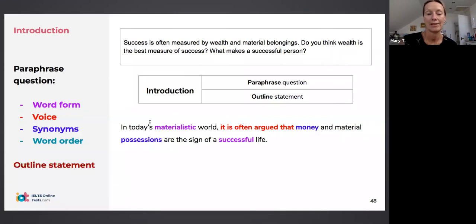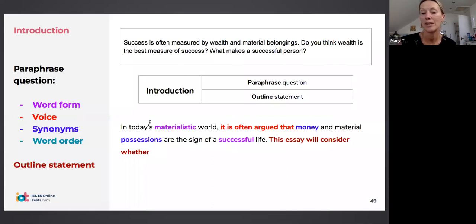Okay, and then outlining the statement. So to outline the statement, or to give, as some of you said, a thesis statement, you can use a phrase like this. This essay will consider whether. So for this type of essay, the 2-question essay, it's very useful to use whether.